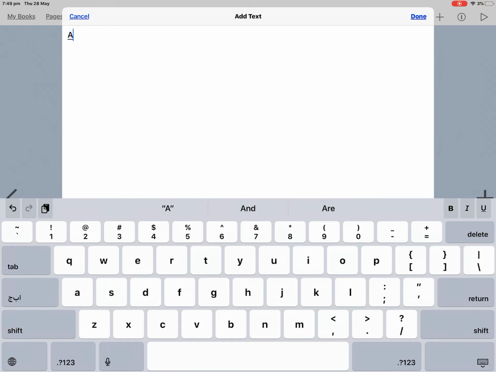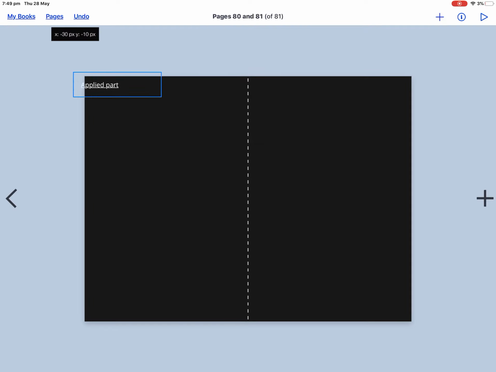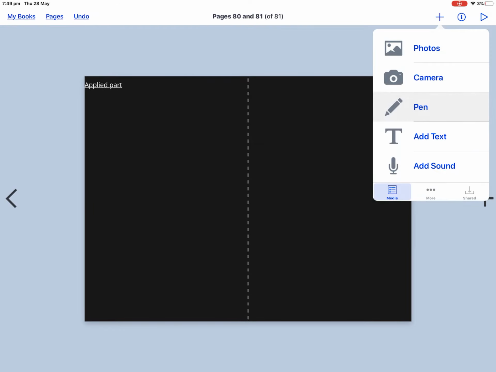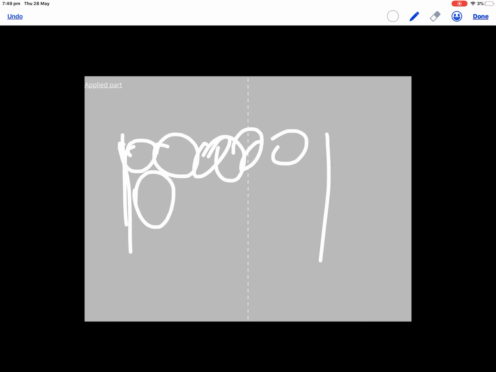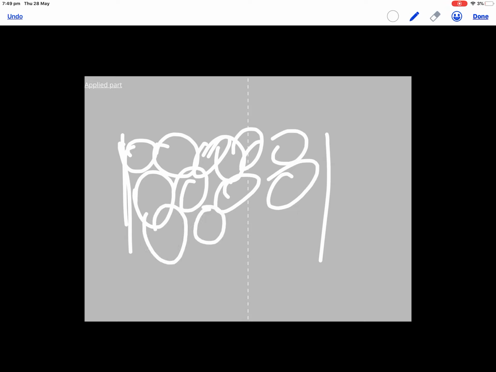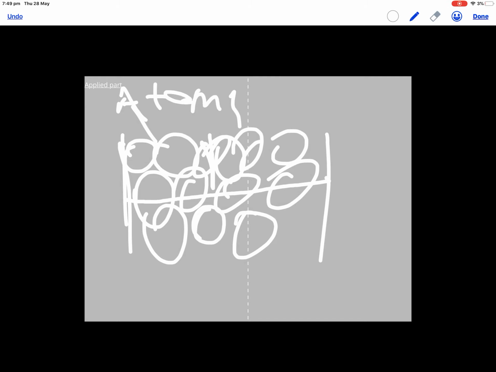So let's talk about the applied part. Now you have two mirrors. In the middle there are atoms. These are the atoms. Let's take the atoms that are perpendicular to the mirrors, which are 90 degrees to the mirror.